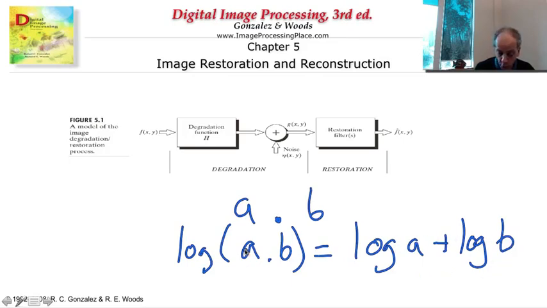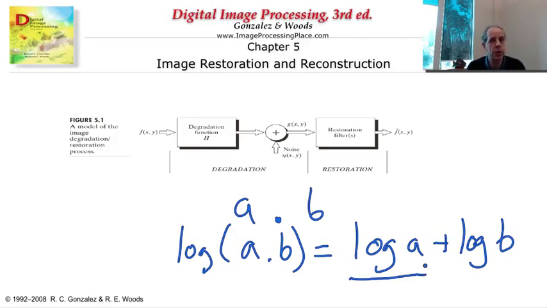So instead of working with the image, I'm going to work with the logarithmic version of the image, and I'm going to work with the logarithmic component of the noise. So basically, you give me the degraded image g, I take the log of g, and I treat everything else from now on as if it was additive noise. When I finish recovering it, I basically have to invert this operation, and that's an exponential function.